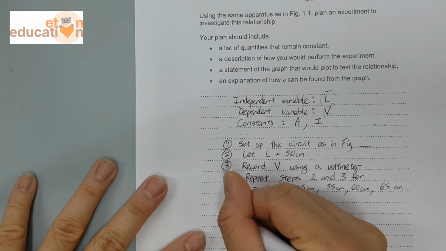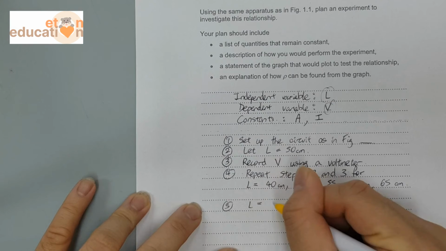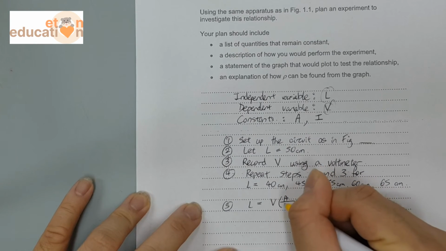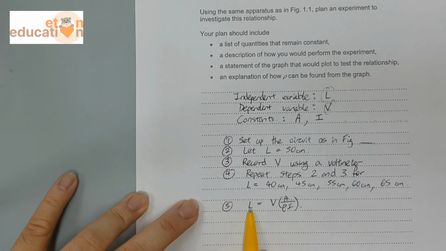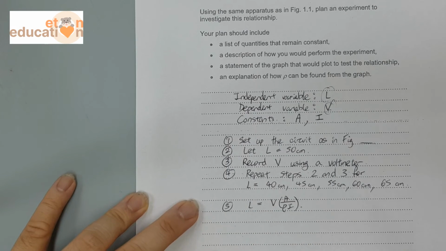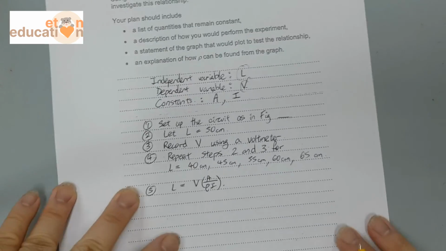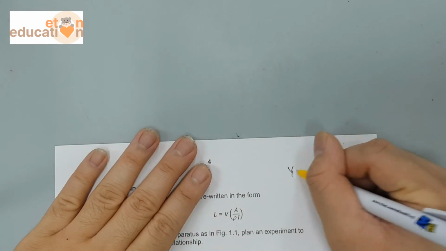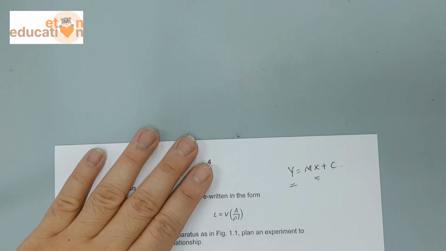We're going to go on to step 5, which is what I will call analysis. So for L equals VA over rho I, we know this is the independent and this is the dependent. Normally we want something like dependent equals something times independent, like y equals mx plus c. So normally we will plot y versus x.